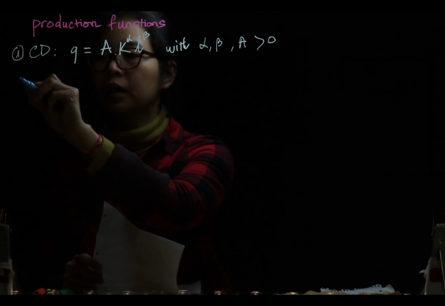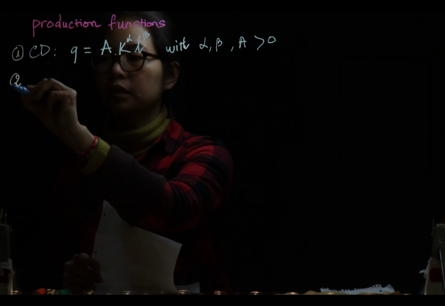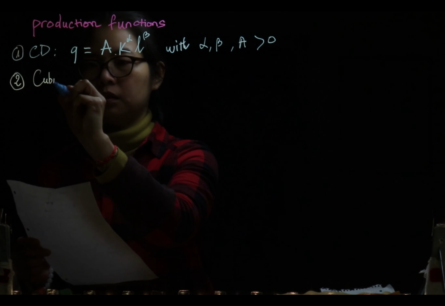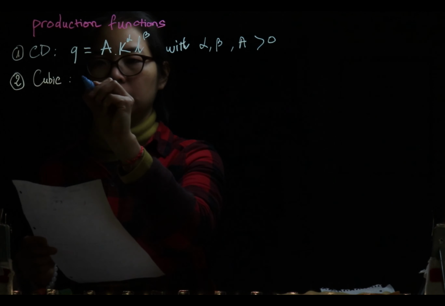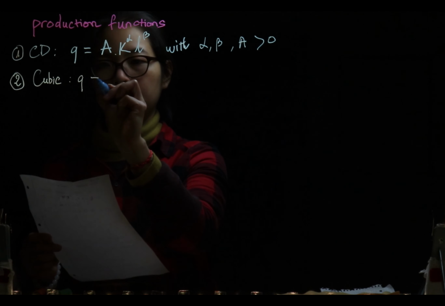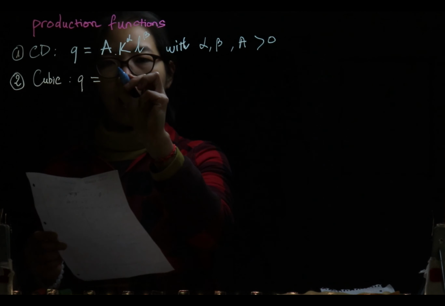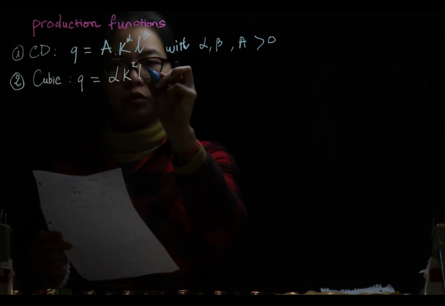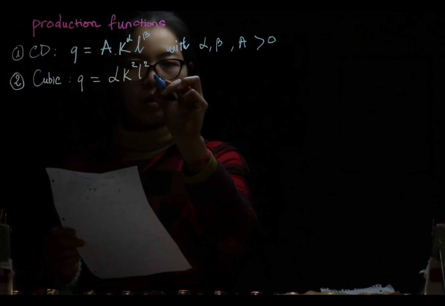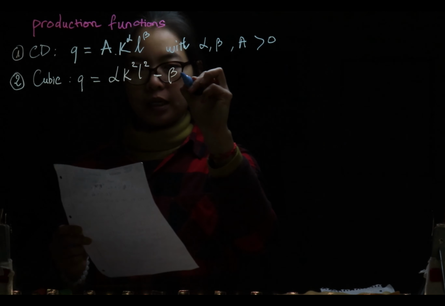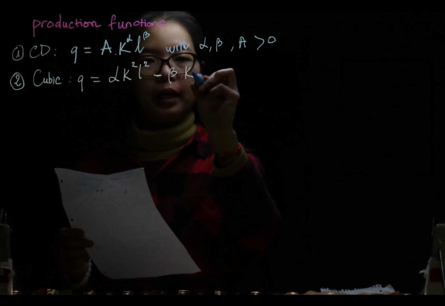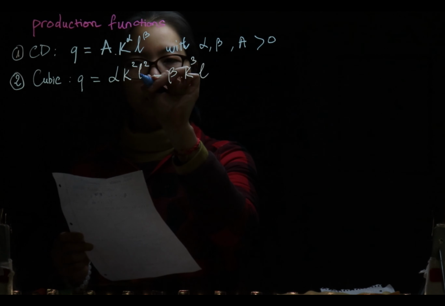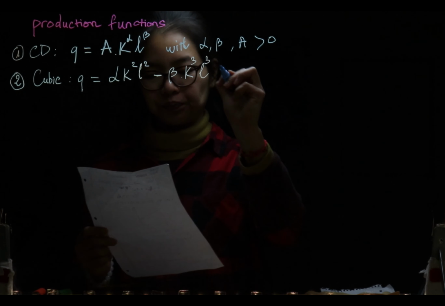I said that, right? And the second case is the cubic function, which has the form Q equal to alpha times K squared L squared minus beta times K to the power 3 times L to the power 3.